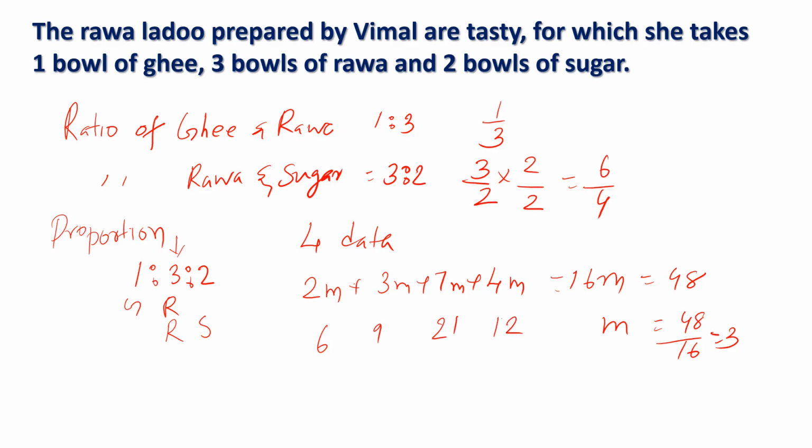This way we get the relationship between the real numbers, the actual quantity. So we get such situations where more than 3 are related in a particular fashion. For 2:3:7:4, we write 2m, 3m, 7m, 4m, the possible multiplication and the relationship.